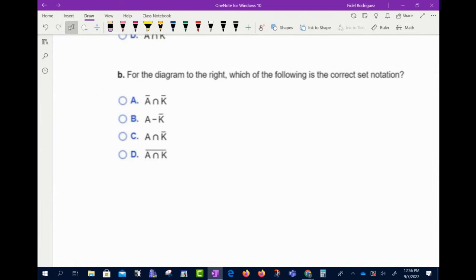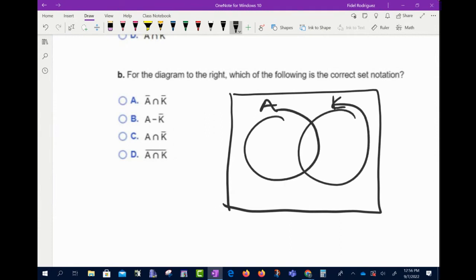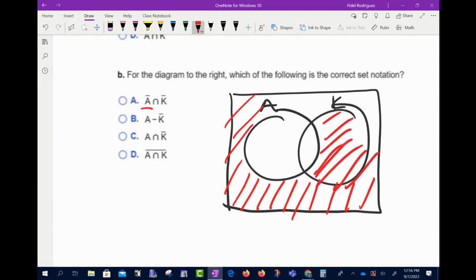Okay, so then what I'm going to do, y'all, is start drawing some pictures. I'm going to draw a picture right here. I'm going to call this my set A, and this my set K, okay? The first thing I want to look at is the first part right here, A complement. Does everybody agree that A complement would be everything outside of the set A, everything outside that circle, right?